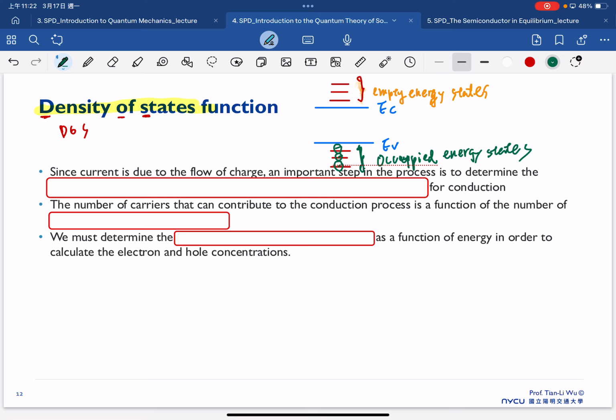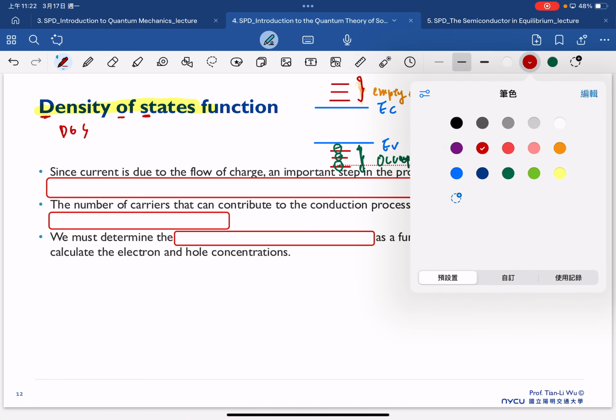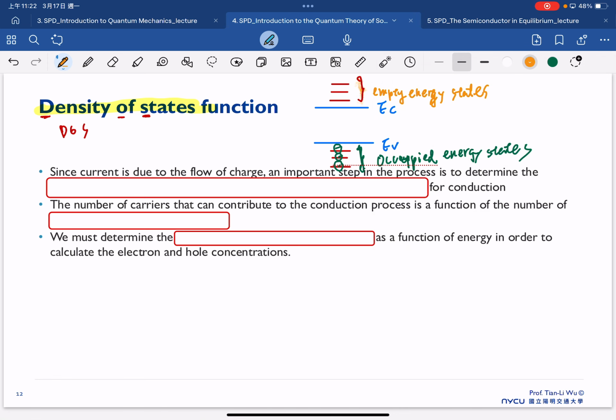This is the moment we mention density for the first time in this class. Of course, if we look at the crystal structure, we also calculate the density of how many atoms in one volume. But if we consider the carrier, we actually mention a key term called the probability density function.